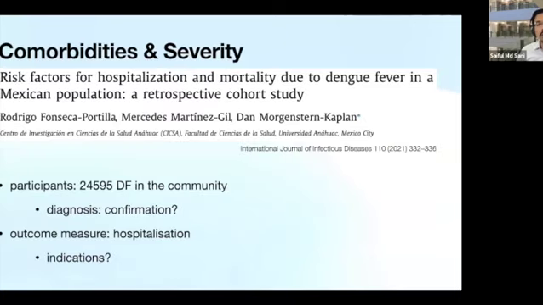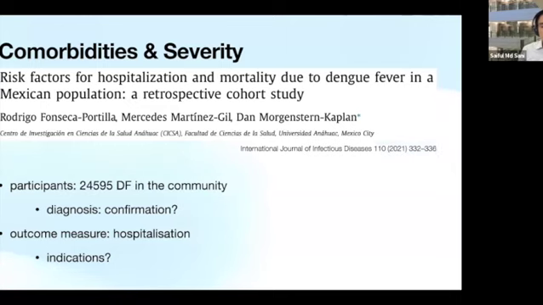Now, I'd like to sidetrack a bit, just to highlight, as I've mentioned earlier, that I'd like the audience to think about the quality of studies. If you were to perform dengue studies, you've got to define things clearly. The weakness of this Mexican study was they did not specify explicitly how they achieved diagnosis confirmation.